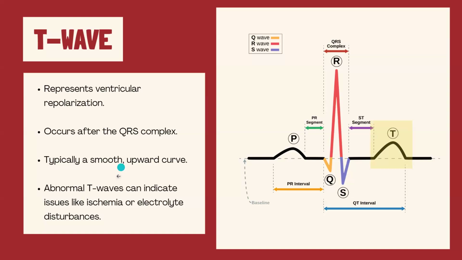And abnormal T waves can indicate issues like ischemia or electrolyte disturbances. And electrolyte disturbances, like we talked about in our last class, involve those sodium ions, chloride ions, potassium ions, those large negative proteins and so on. Those are your electrolytes, and electrolytes are very important for your nerves to function.